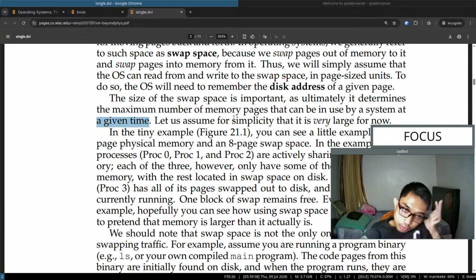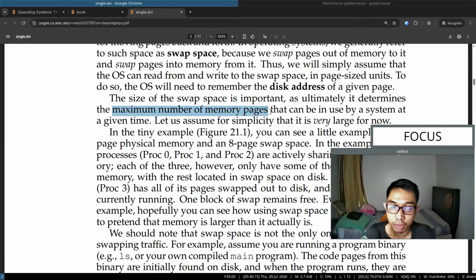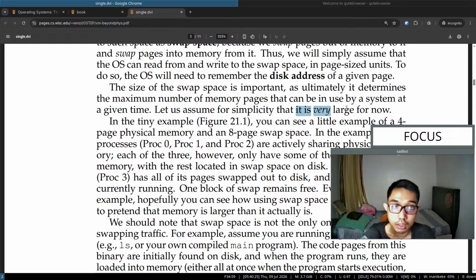Let us assume for simplicity that it is very large for now.